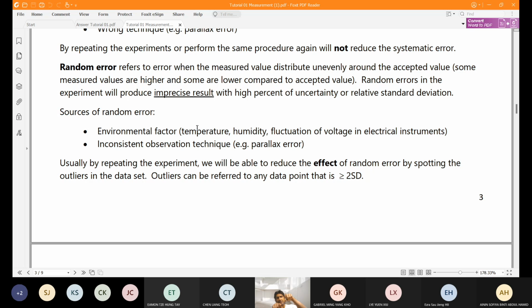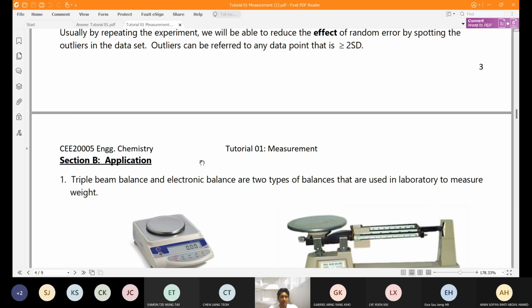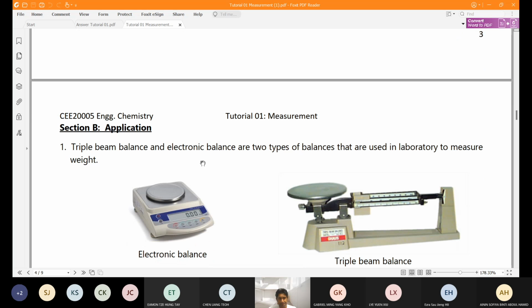One is looking from here, another from here, another from here. So we are not looking parallel, and that is how parallax error can occur. So yes, we can remove it by measuring over again.